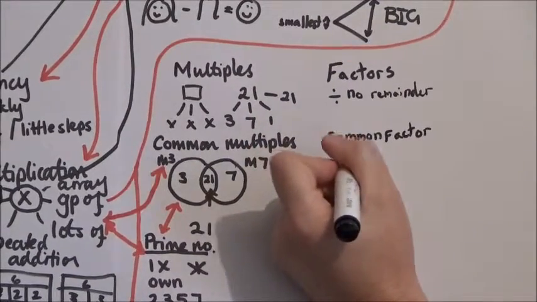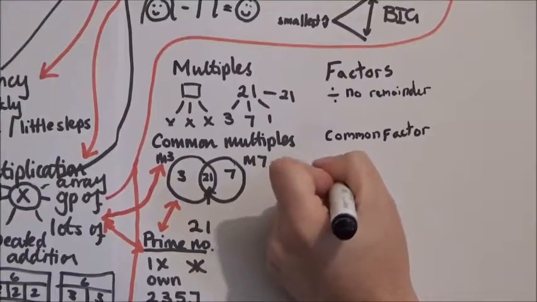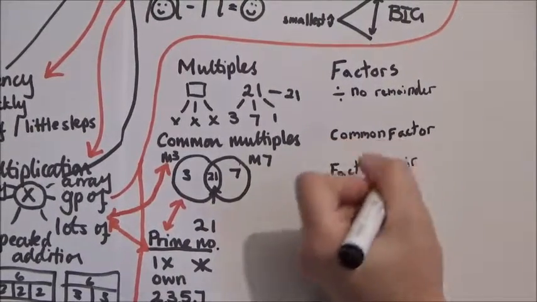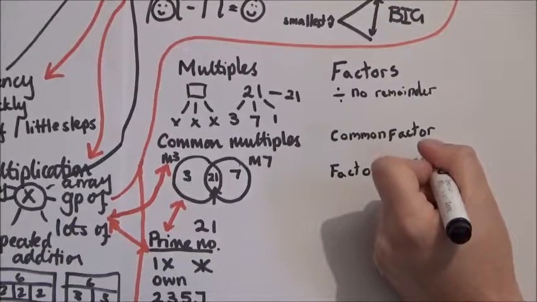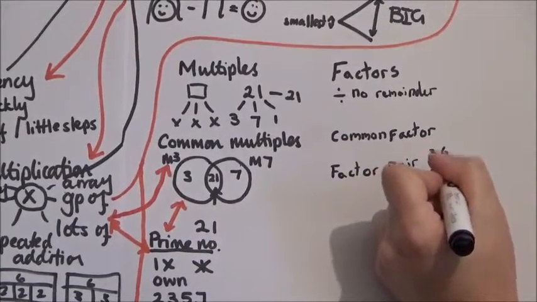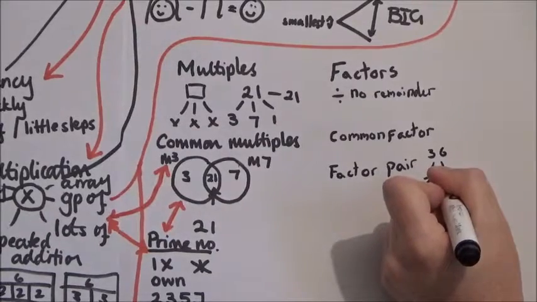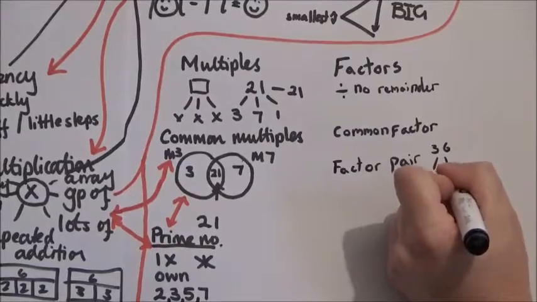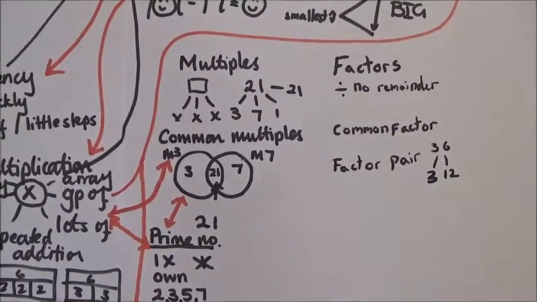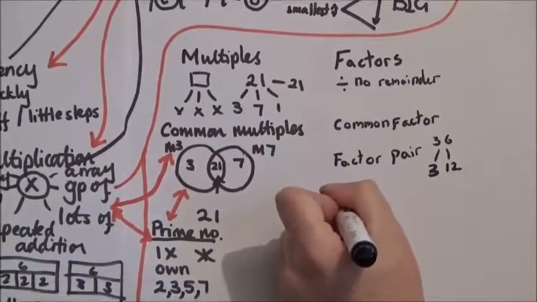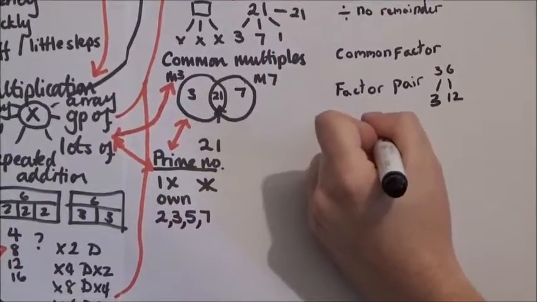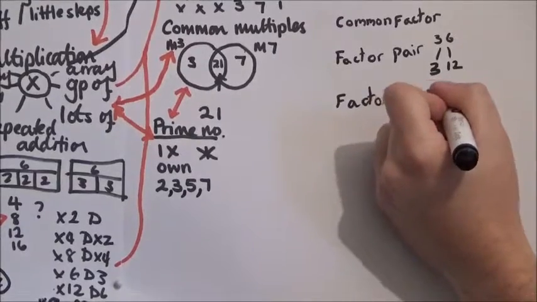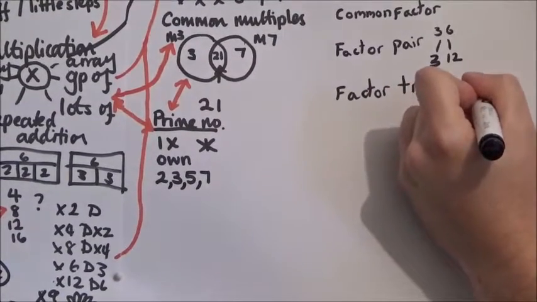I could have had a factor pair. So let's say, for example, we could have had 36 and we said 3 and 12 are factor pairs. And then we could have factor trees, which find prime factors.